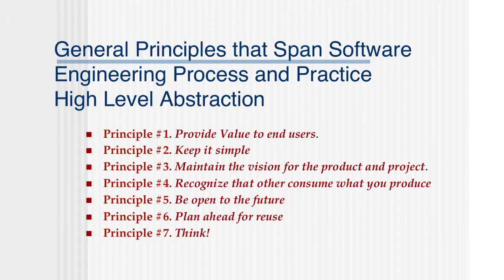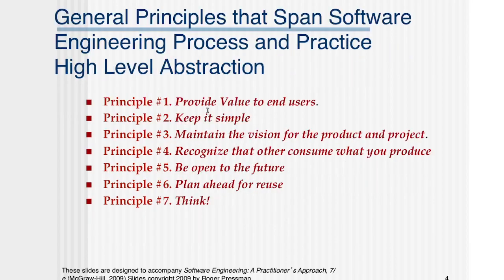Let us say these 7 principles, which you have already seen, can also be called Hooker's principles: provide value to the end user, keep it simple, maintain the vision, recognize that others consume what you produce, be open to the future, plan ahead for reuse, and think.